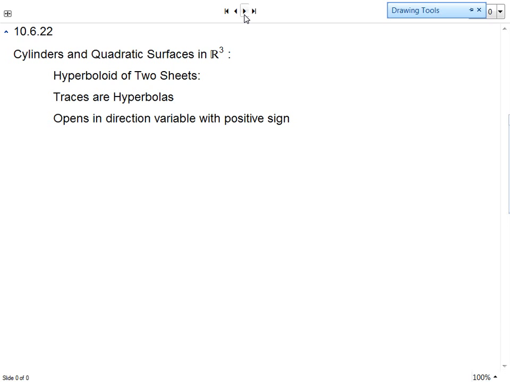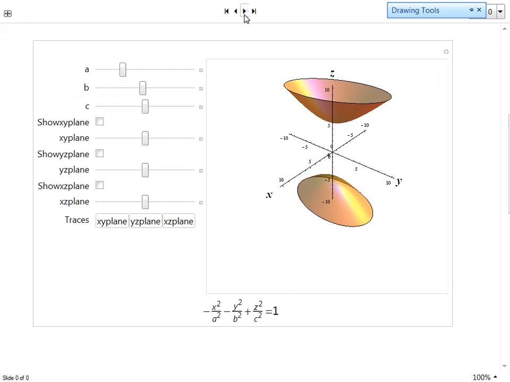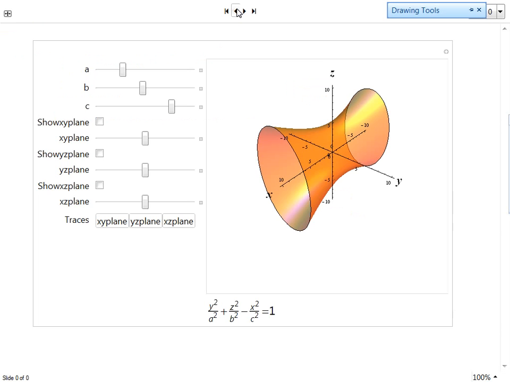Last one, a hyperboloid of 2 sheets. So it's essentially the one we just had, except that the center got pinched off. Do y'all kind of see that or not? Imagine taking the previous one.